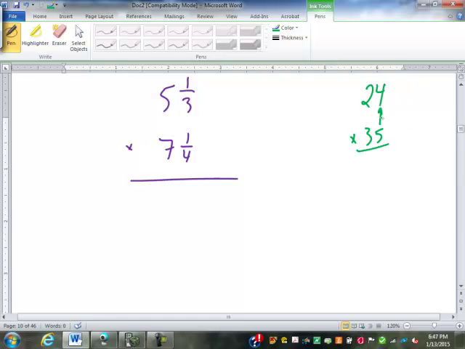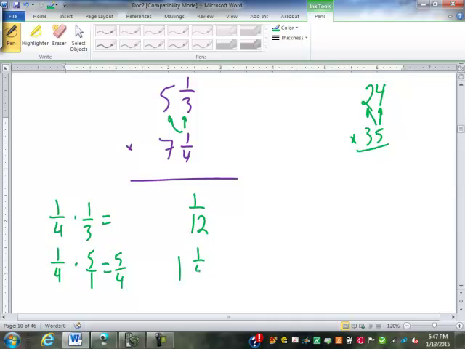Not only do you have to do the 5 times 4, but you have to do the 5 times 2 as well. Same over here. You have to do 1/4 times 1/3, which is going to give us 1/12. But you also have to do 1/4 times 5. How do you multiply a fraction by a whole number? Make it 5 over 1. Make it a fraction. That's 5/4 or 1 1/4.